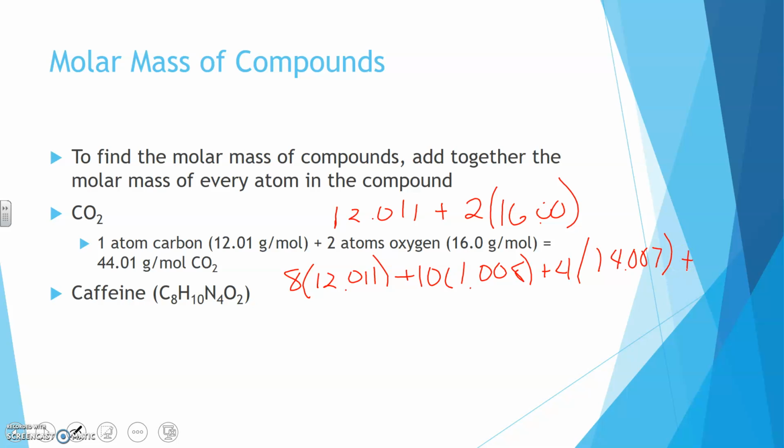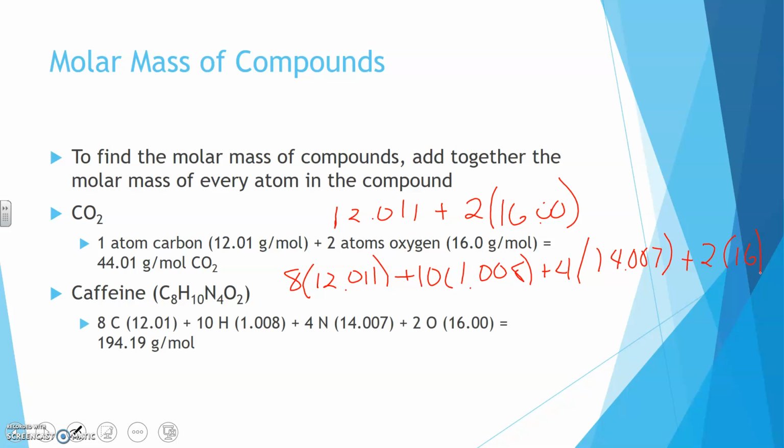And we have 2 oxygens at 16. So 8 times 12.011 plus 10 times 1.008 plus 4 times 14.007 plus 2 times 16. Add all that up, you get 194.19 grams per mole. And that is the molar mass of caffeine.